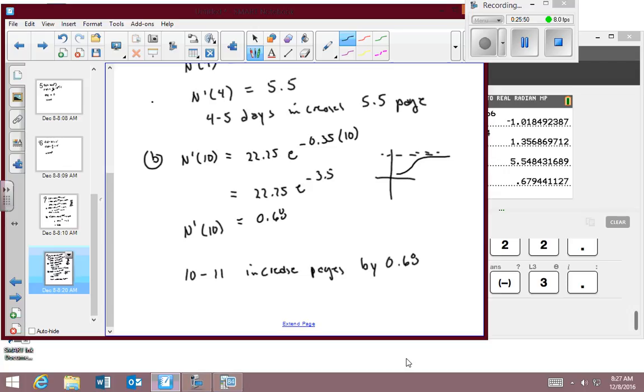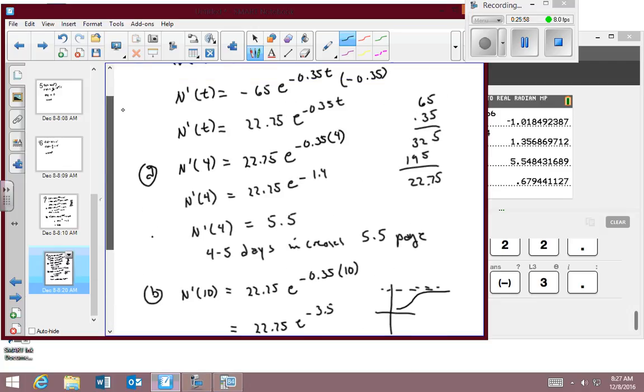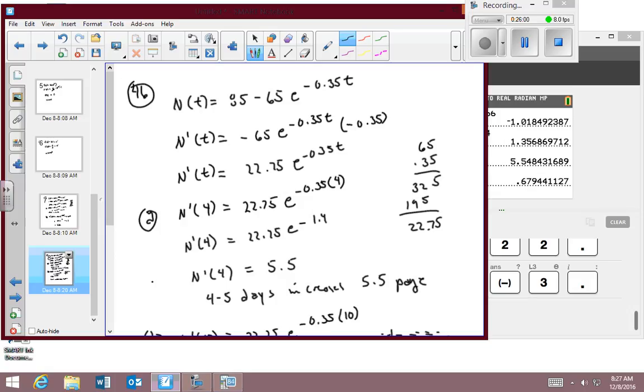Kind of hit a plateau where you don't increase by much after a certain number of pages. Probably the plateau is 85, and you increase pretty fast, and then you get up there.